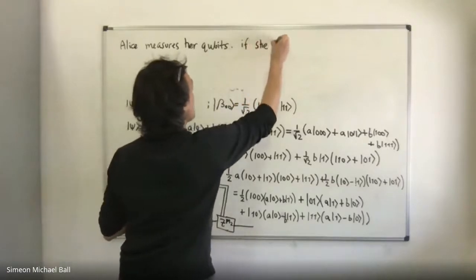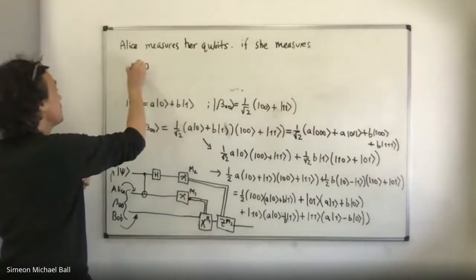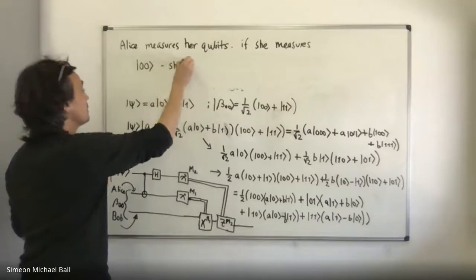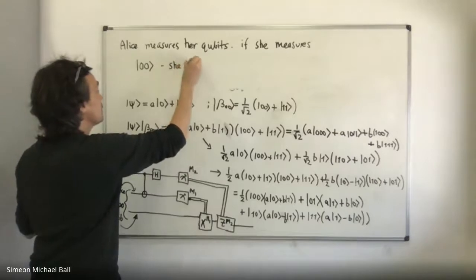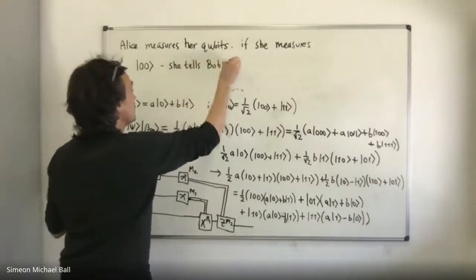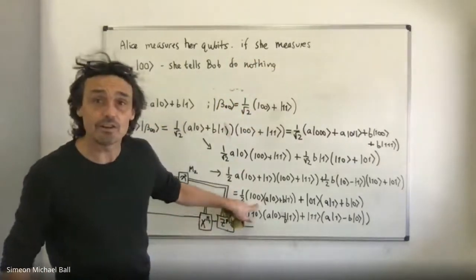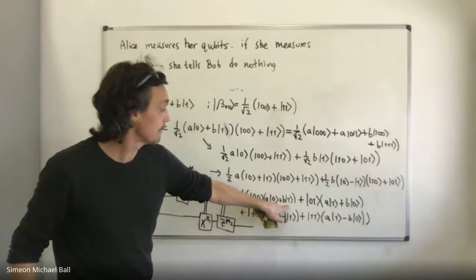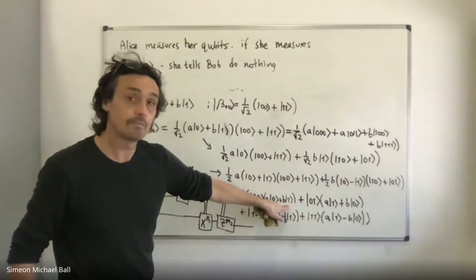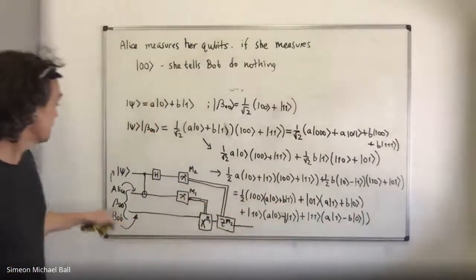If she measures 0, 0, she tells Bob to do nothing because if she measures 0, 0, then Bob's state is precisely this, which is psi.